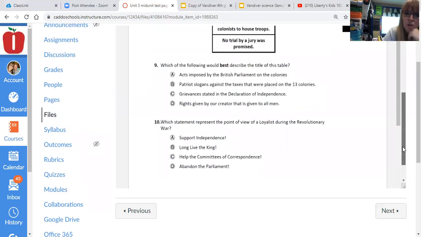Number 10. Which statement represents the point of view of a loyalist during the Revolutionary War? Support independence, long live the king, help the committees of correspondence, or abandon the parliament?